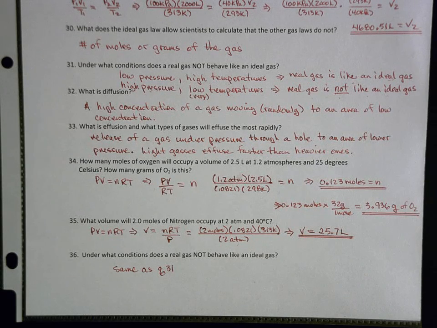On the other hand, if we have really high pressure or really low temperatures, then real gases do not act like ideal gases. And this should actually make a little bit of intuitive sense again, because really, what's dry ice? Dry ice is solid CO2, which has been frozen. Well, how do we freeze it? We drop the temperature.